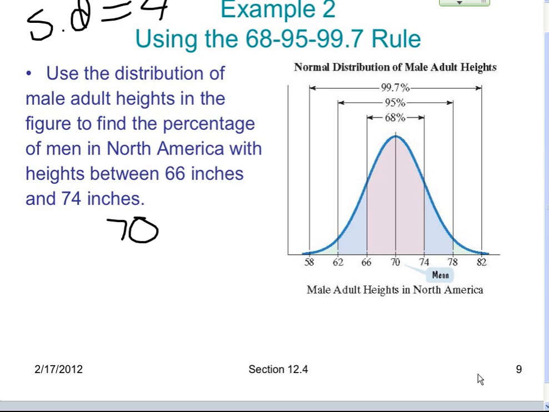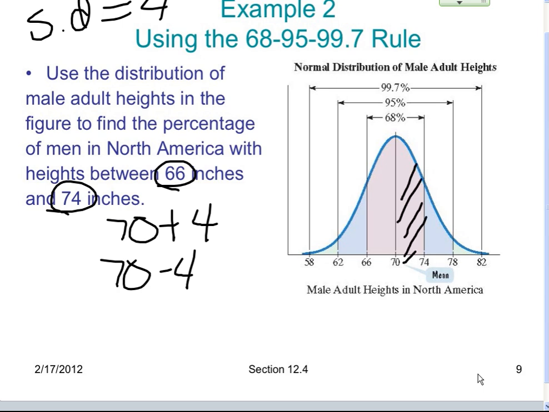If I add 4, that will give me 74 inches, which means 1 standard deviation above. And if I subtract 4, that will give me 66, which is 1 standard deviation below the mean. So 1 standard deviation, that's 68%.